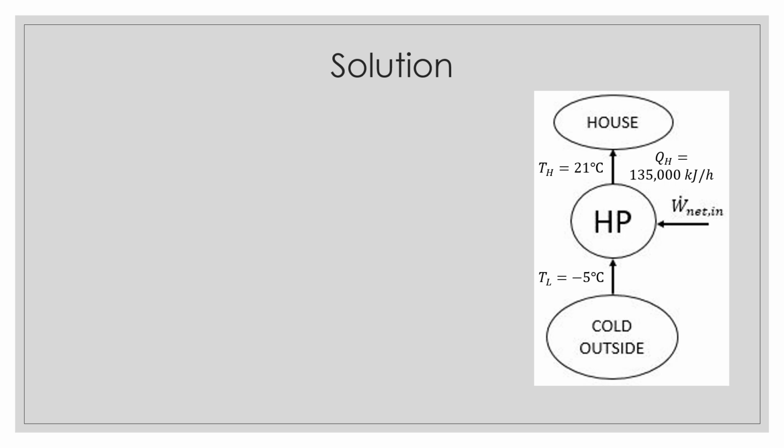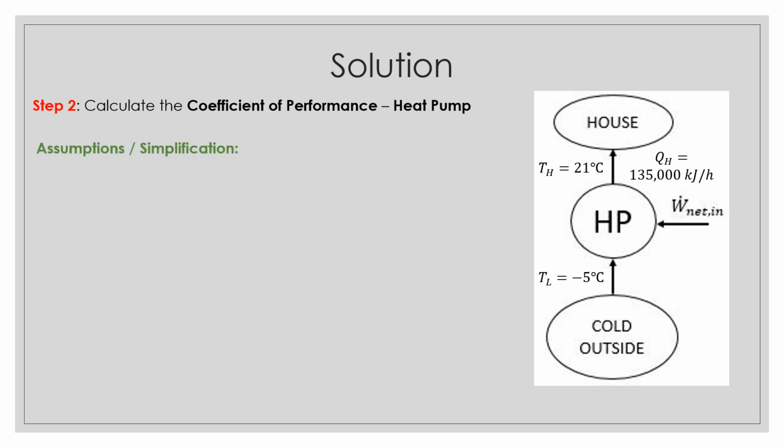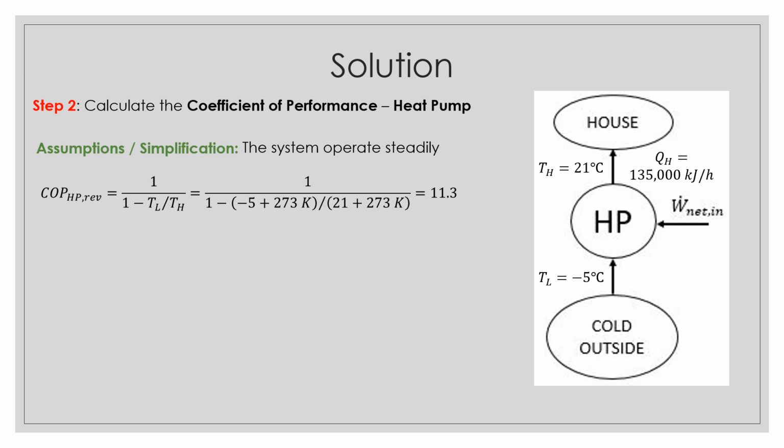Based on the available data or information, we calculate the coefficient of performance of the reversible heat pump. We make an assumption, for this case, the system operates steadily, and then we insert all the information by using COP HP REV. COP refers to the coefficient of performance, HP refers to the heat pump, REV refers to reversible.